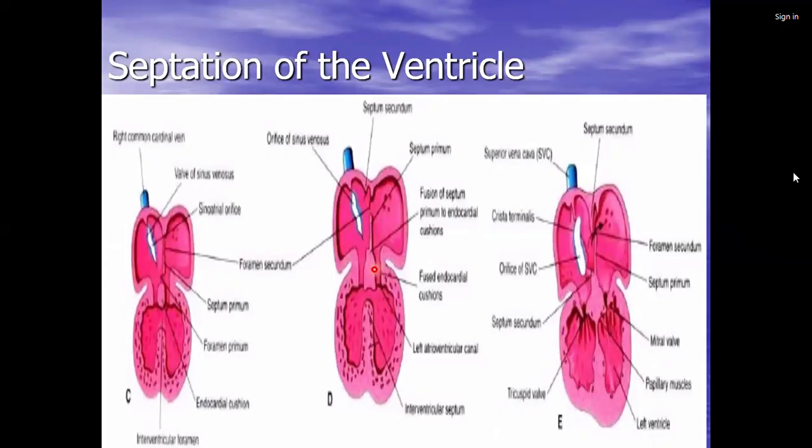This forms the part that we refer to as the membranous part of the interventricular septum. So we have a muscular part and a membranous part.